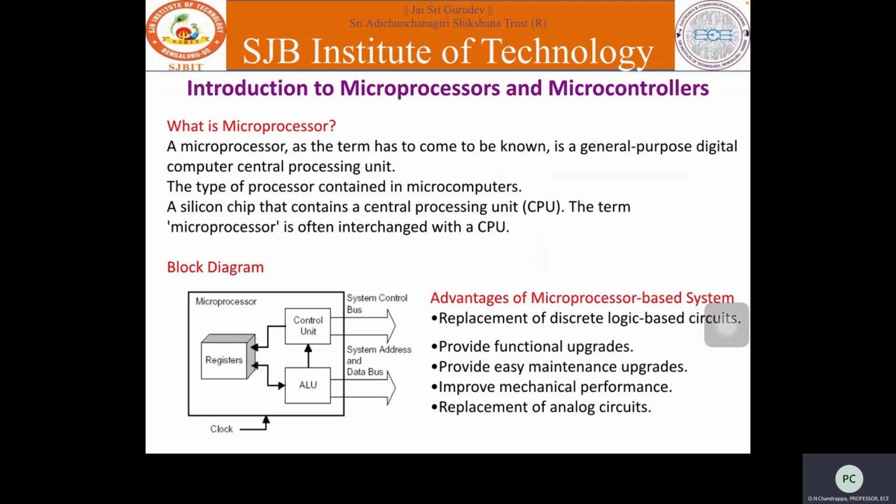This microprocessor is a silicon chip that contains a processing unit, and the term microprocessor is often interchanged with CPU. ALU, registers, all these things come together to become the CPU, central processing unit.